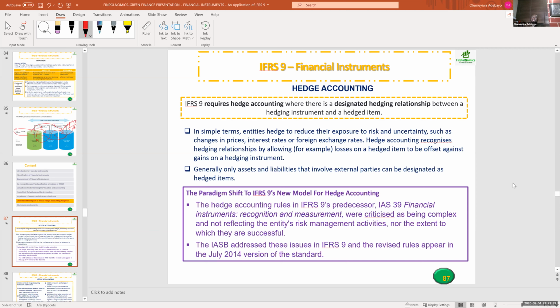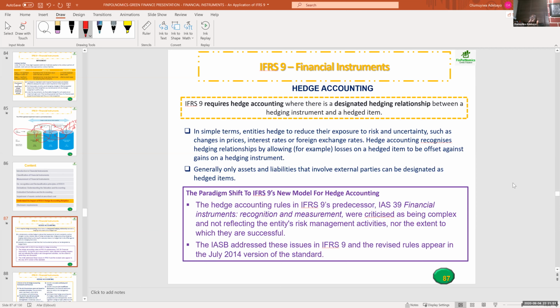And what does hedge accounting do for you? It tries to ensure that you only recognize the impact of the gain or loss arising from the hedge at the point when it actually crystallizes or has an impact on your financial statements.